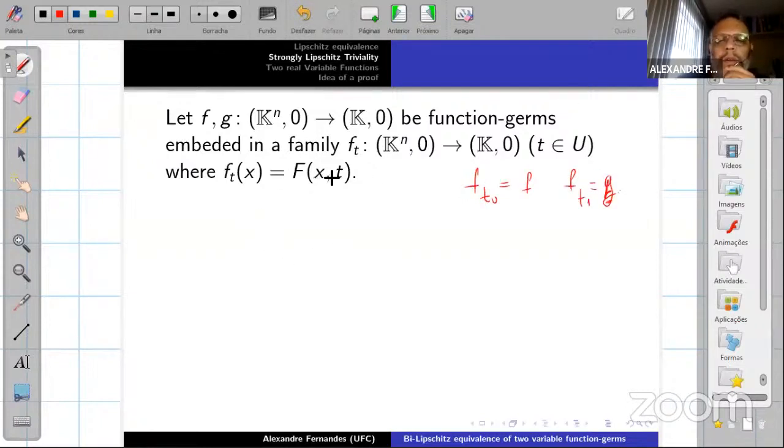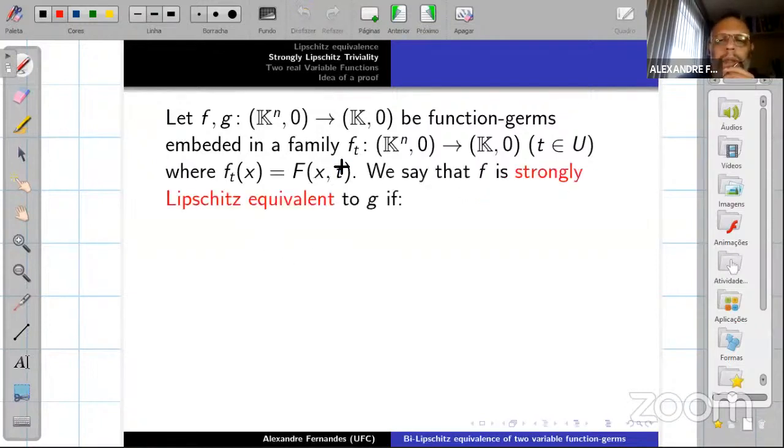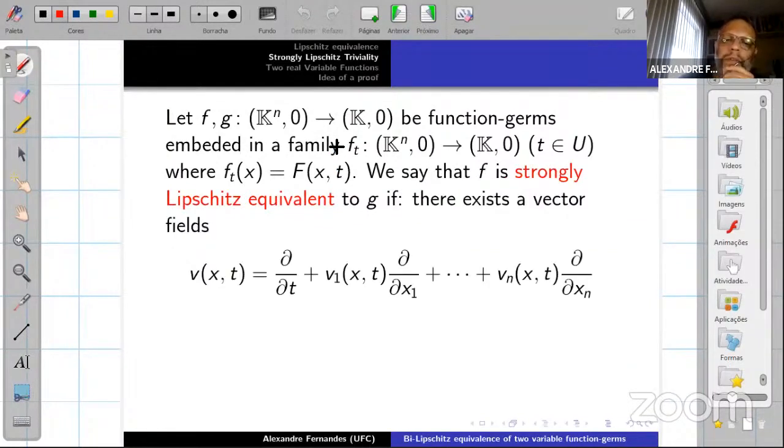And F is a family of function germs. We say f is strongly Lipschitz equivalent to g if there exists a family of vector fields, a one-parameter vector field, such that the vertical component of the vector field does not degenerate, but to have more properties.